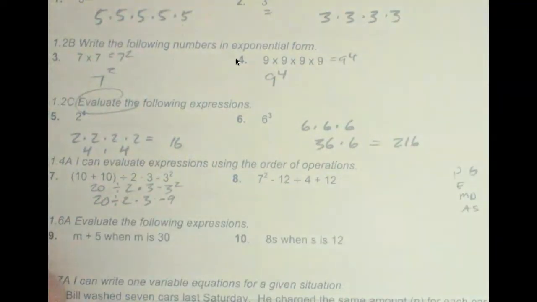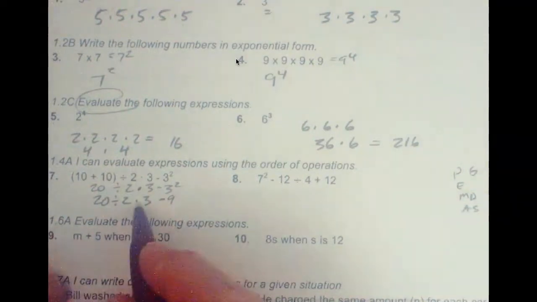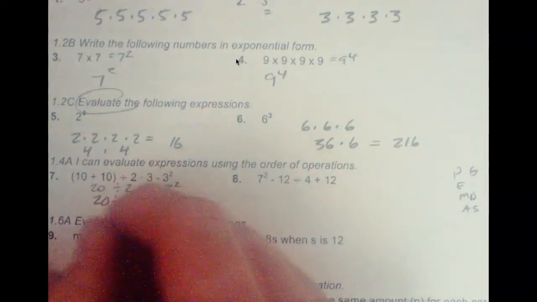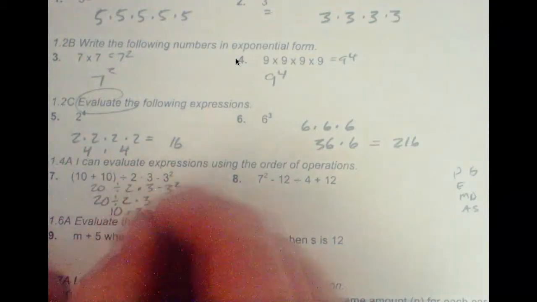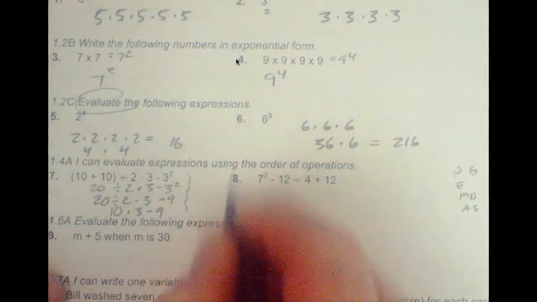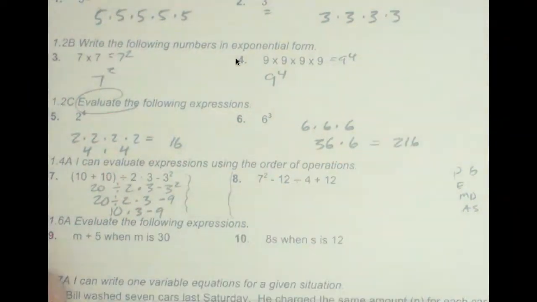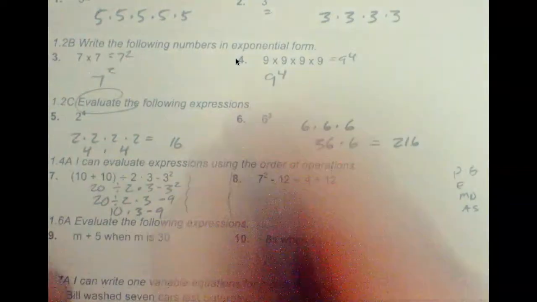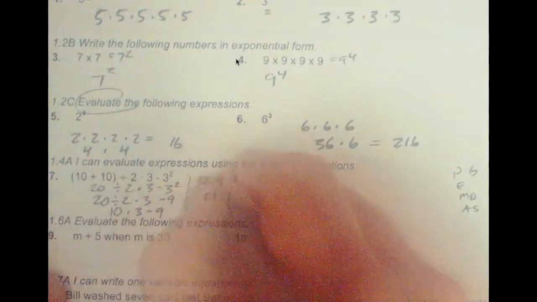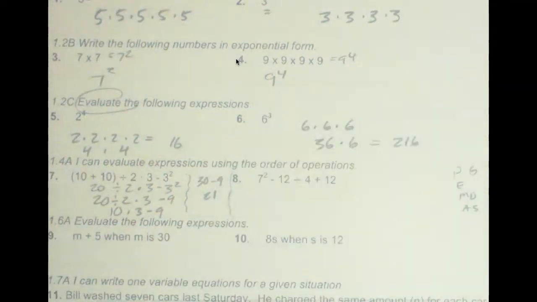All right, the next one I have to do: I've got the parentheses and exponents done, so multiplication and division in the order it appears. Well, this is multiplication, this is division, but the division comes first. So this would be 10 times 3 minus 9. Make a little spot to put this up here. All right, so now I can do the multiplication, which is 10 times 3, which is 30, minus 9, which is 21 for that problem.